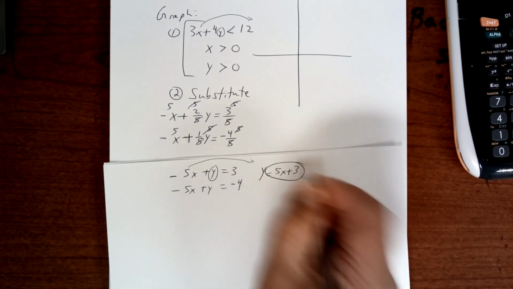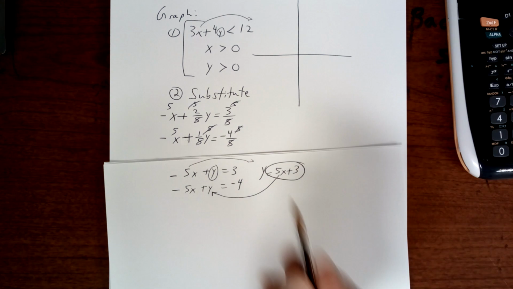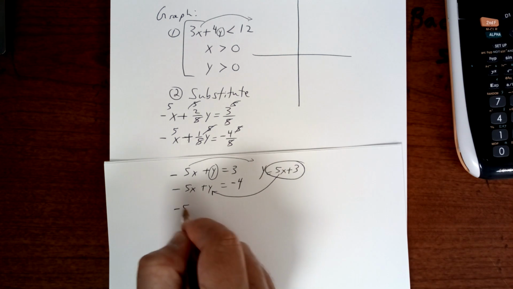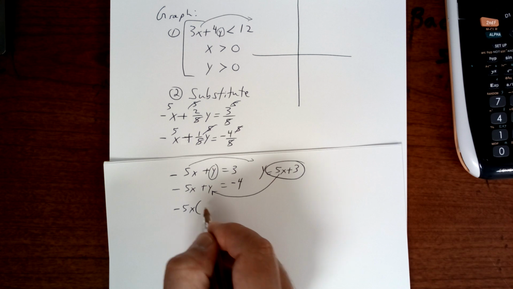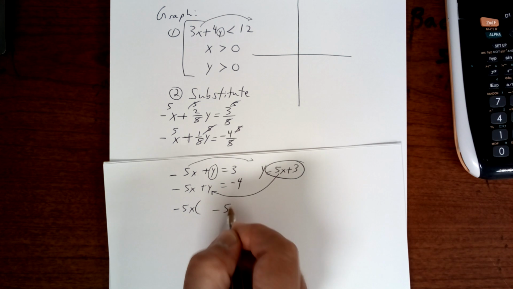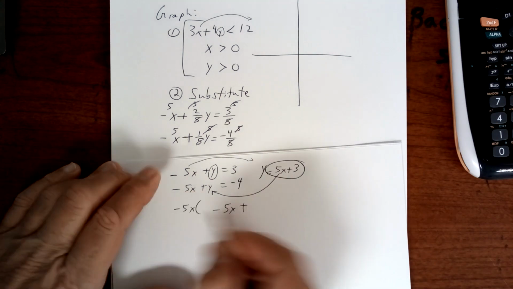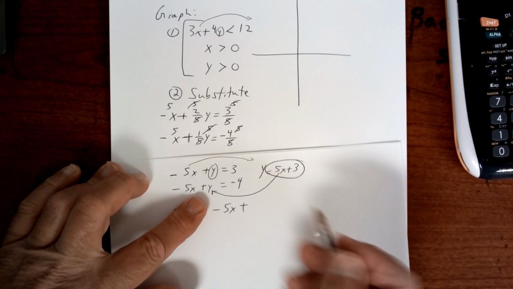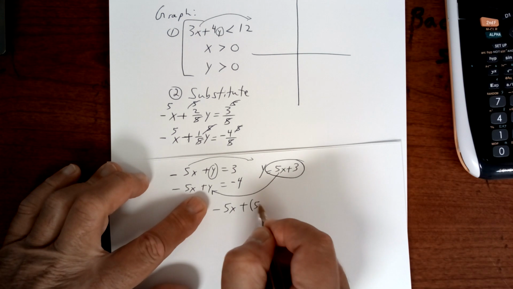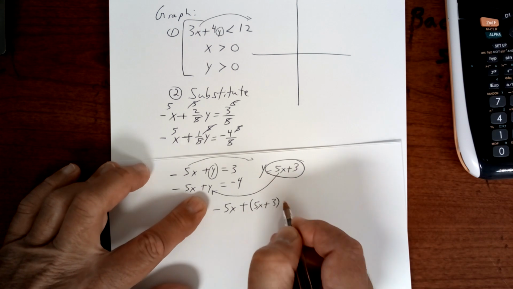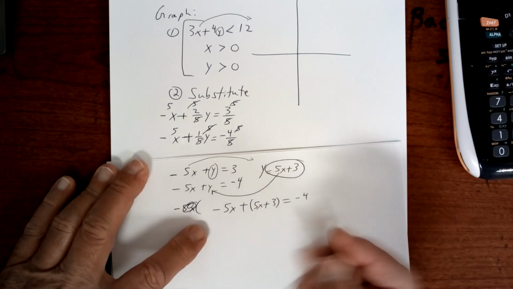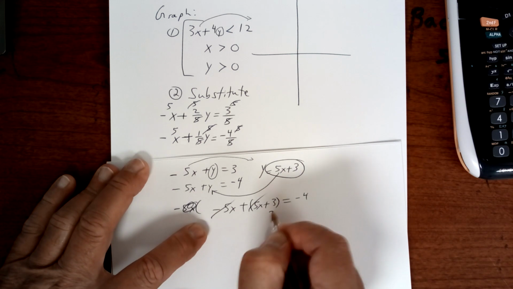And then I'm going to substitute for my y. So I'm going to get negative 5x, and then negative 5x plus, scratch that out, plus 5x plus 3 is equal to negative 4. So here these cancel. So I get 3 is equal to negative 4.